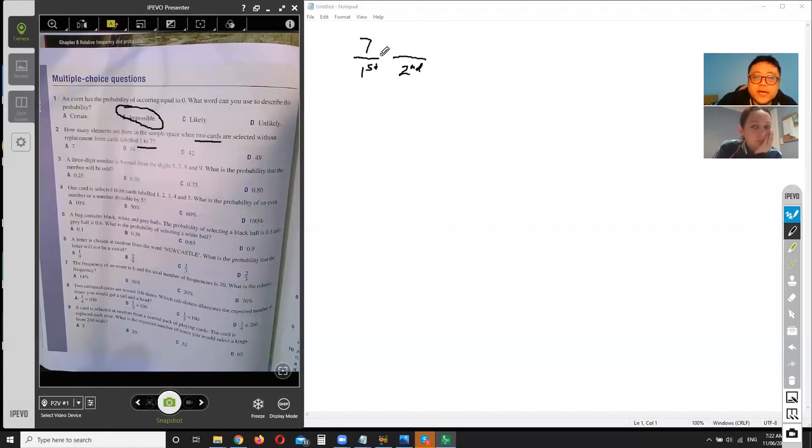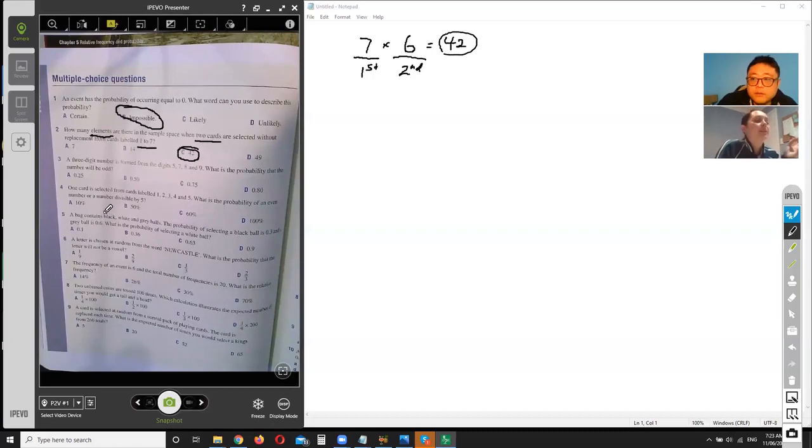Once the first card has been chosen, how many cards are left over? 6. So how many elements, meaning combinations, can you have? 7 times 6, the multiplication principle. So your answer is 42.